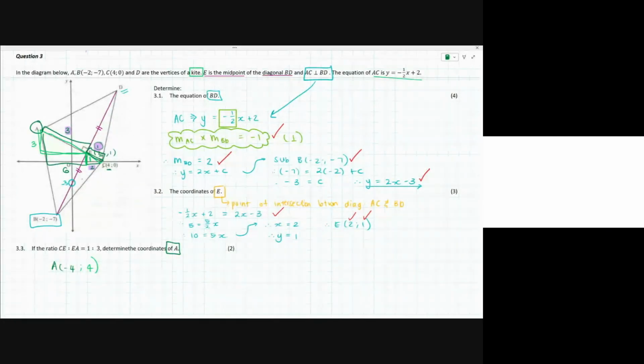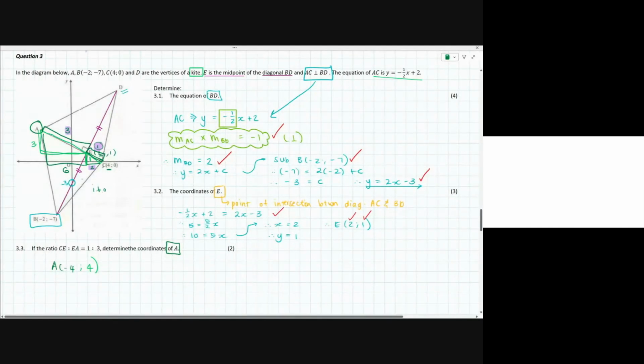So what we worked out is that in terms of x, from C to E, it was a distance of 2 units, which means that one part, because that was C to E's ratio, CE, one part, equals 2 units.